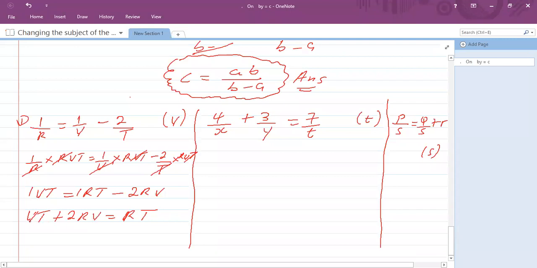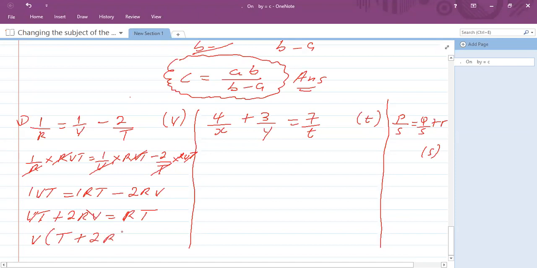Then here our V and our V here, right? I look for the common factor, which should have been what? I'll take the common factor to be V. Open bracket, what is left? When I take the common factor to be V, what is left here? T. Plus, the second part, what is left? 2R.